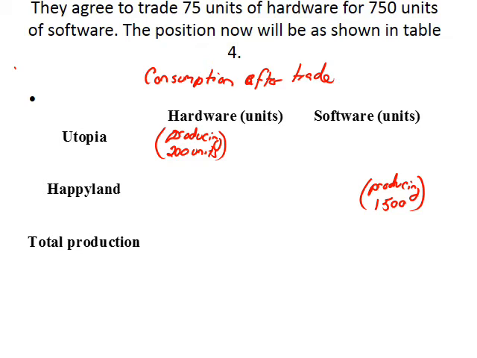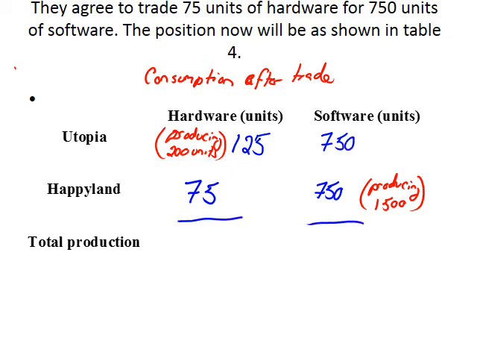They're going to trade 75 units away, so they're left with 125 units to consume themselves. The 75 units went to Happy Land, because that was part of the trade. When we look at Happy Land and software, they're producing 1,500, but they're going to trade away 750 units, leaving them with 750. And the 750 that they traded went to Utopia.